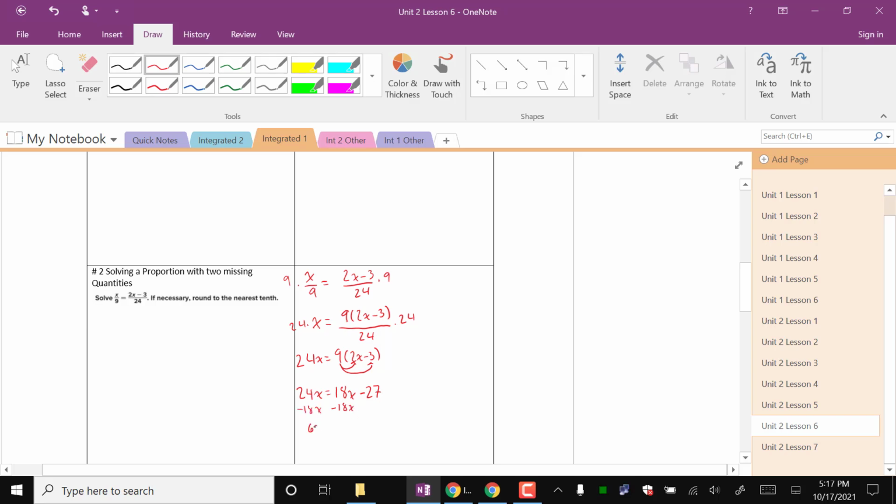That gives me 6x equals negative 27. Now I'm going to divide both sides by 6, and I get x equals negative 27 divided by 6 is negative 4.5. So the solution to this problem is negative 4.5.